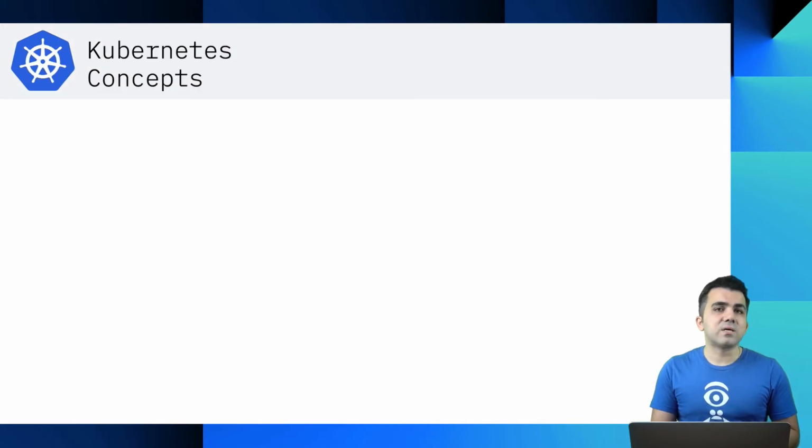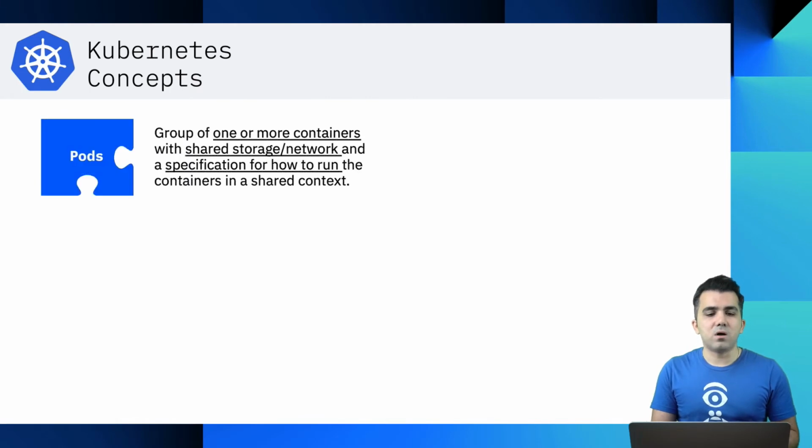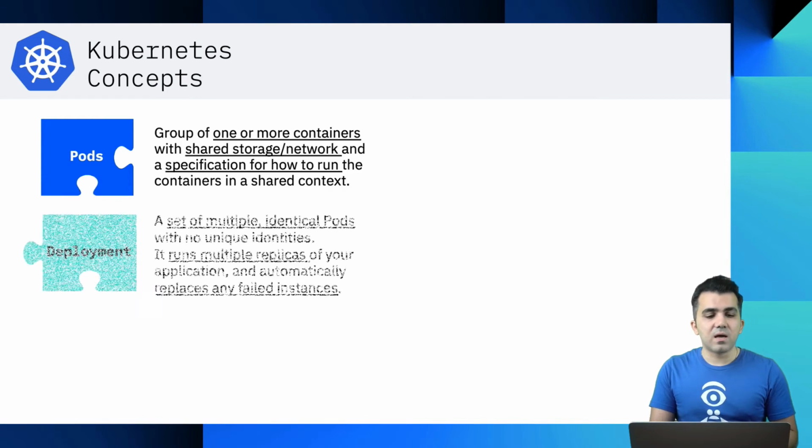Now let's take a look at Kubernetes core components. Pods. Pods are groups of containers that share the same compute resources and share the same network. They're also the unit of scalability in Kubernetes. If a container in a pod is getting more traffic than it can handle, Kubernetes will replicate the pod in the node or to the other nodes in the cluster if needed.